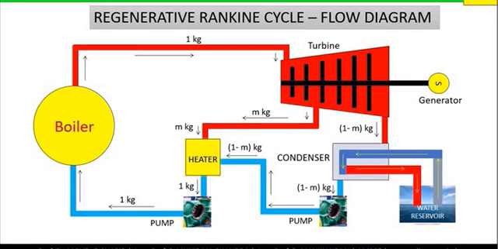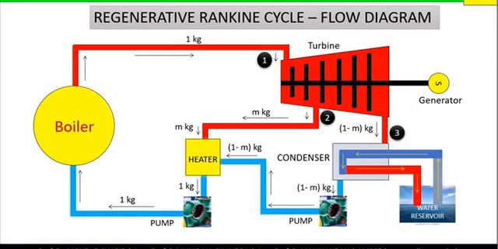To find the efficiency again, we have to mark the important points where we have to measure the pressure, volume and temperature. The first point is where the steam enters the turbine. We have to measure the pressure, volume and temperature. The second point is the intermediate state where the part amount of steam is removed and supplied to the heater.